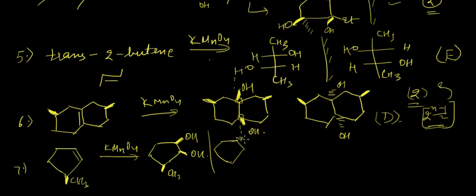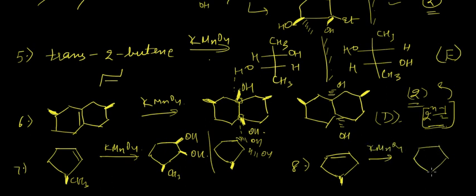Okay, we can have both OH attached lower, with the ring again coming into the picture. Let us take one more example in which I have this, again this, and this. If you pass KMnO4 over here, it would give something like this, OH and OH.